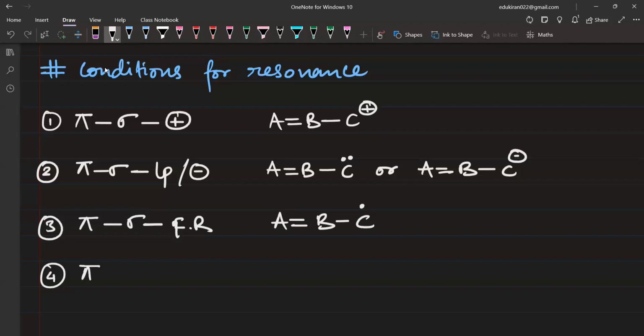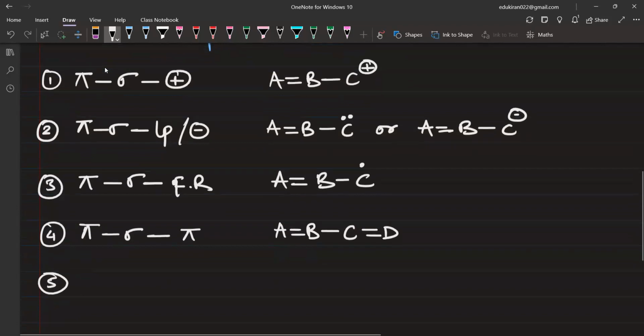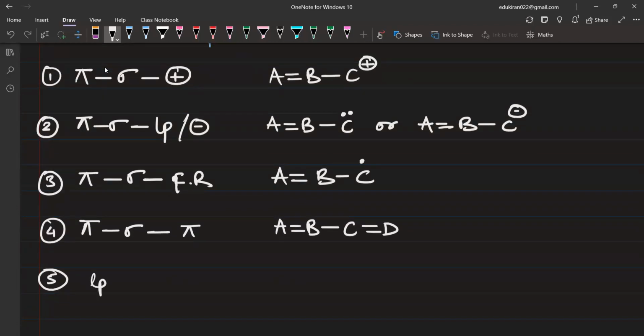Fourth condition is if you have pi and then sigma, and then you are going to have another pi bond. So it will be A double bond B, single bond C, and then double bond D. The fifth condition is when you have a lone pair or a negative charge followed by sigma, and then this sigma is bonded to a positively charged atom.